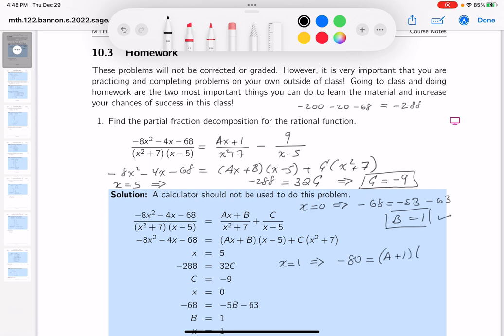And then you're going to get, let's see, 1 minus 5 is minus 4, plus the c, which is minus 9. And then 1 plus 7 is 8. Let's write this down. Minus 80. You can get, let's see, minus 4a, minus 4, minus 72, minus 80, minus 4a, minus 76. It appears that a is 1.